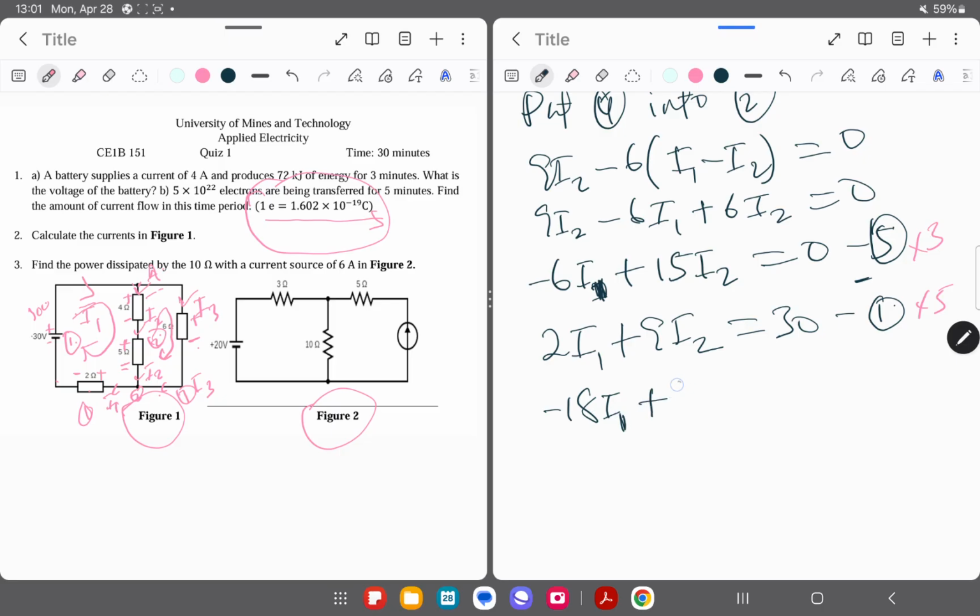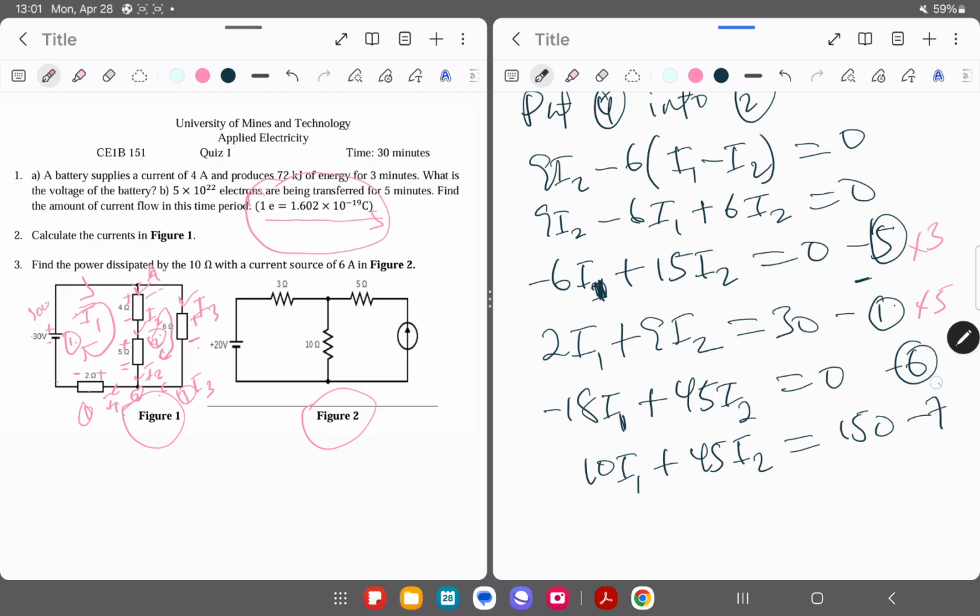Now plus 45 I2 equals to 0. 5 times this, equation 1. So I have 10I1 plus 45 I2 equals to 150, 5 times 30. So let's label this as equation 7.